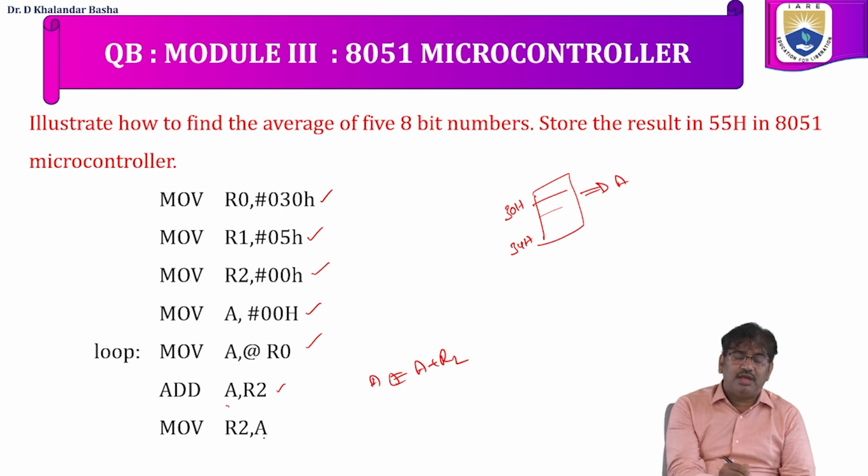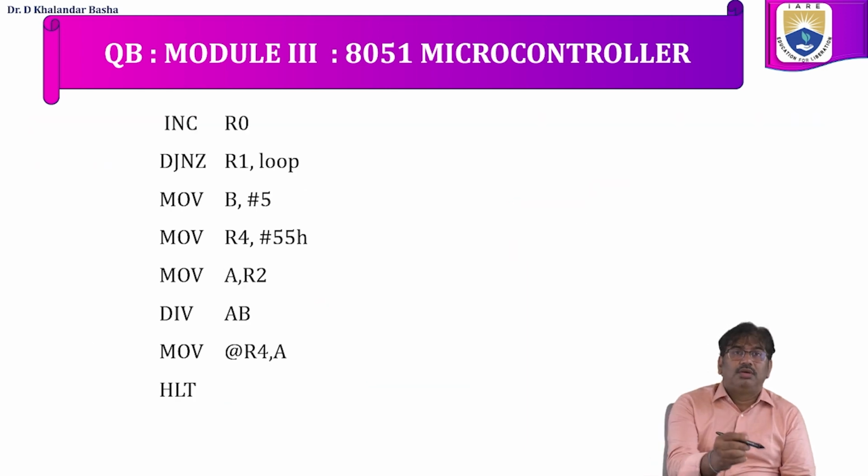So this will be again reloaded back into the R2 register. Then for accessing the next memory location, increment R0. As one data we have added, decrement the R1 register. If it is non-zero, go to loop.